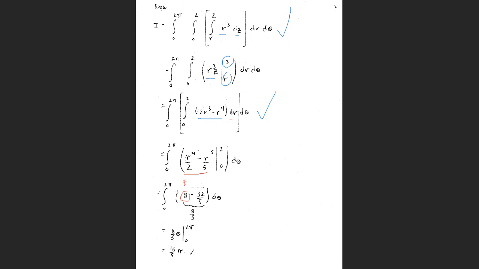Eight is the same as 40/5. And you get 8/5, and in the end you're going to get 16 pi over 5.